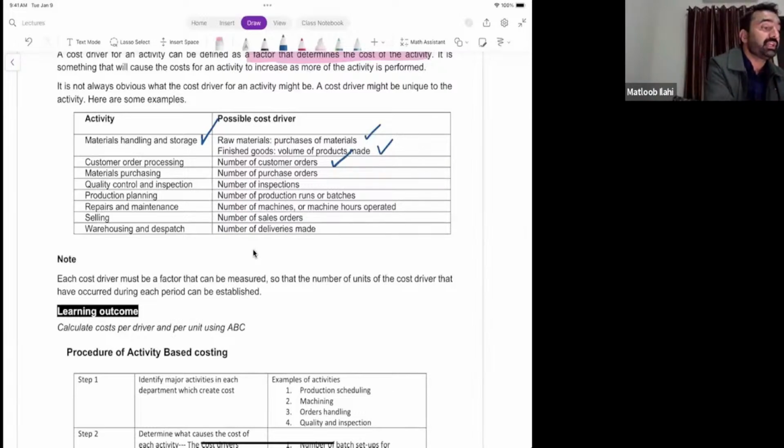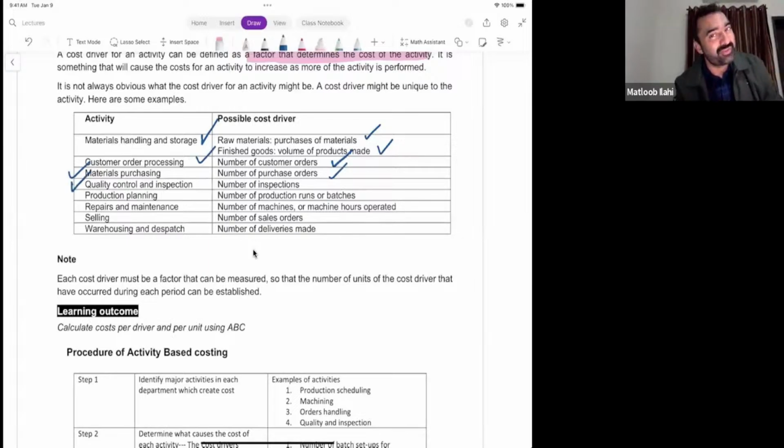Next, material purchase. What should be its driver? Its driver is number of purchase orders. The more material is purchased and more orders are made, the higher the material purchasing cost. Next, quality control and inspection.